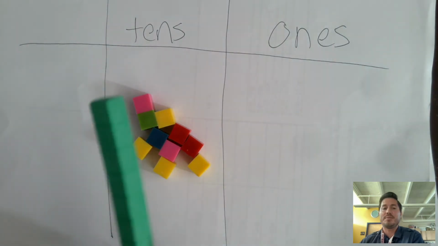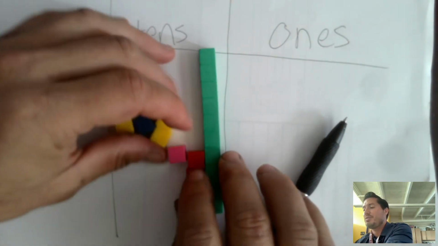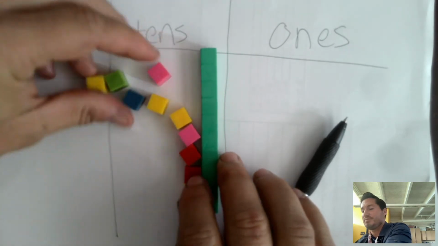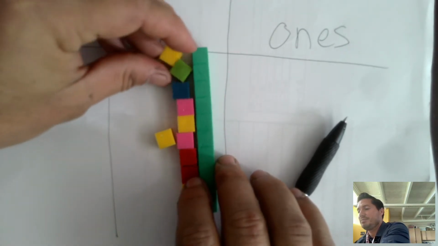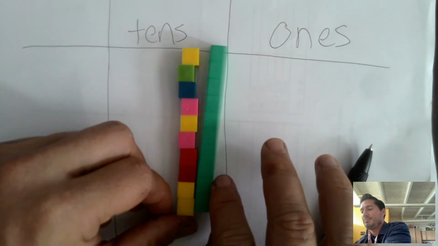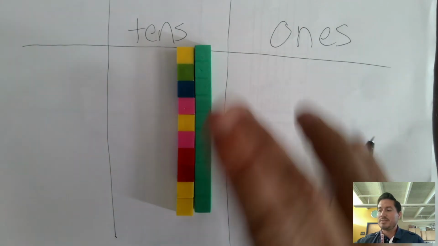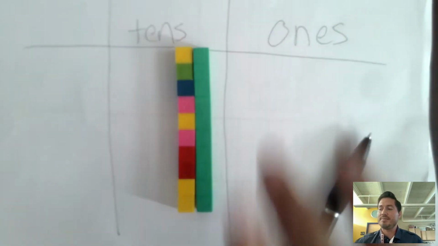We give them this, so we kind of trade it in. So if you put them all together like this, that is the same thing as 10.